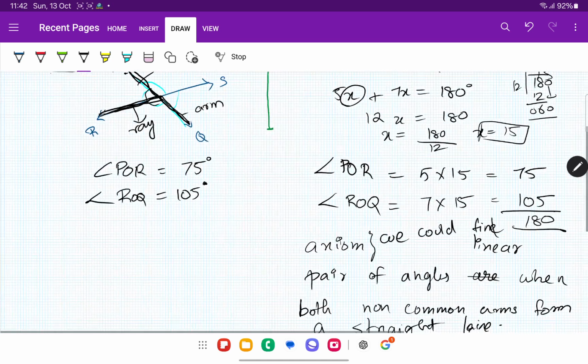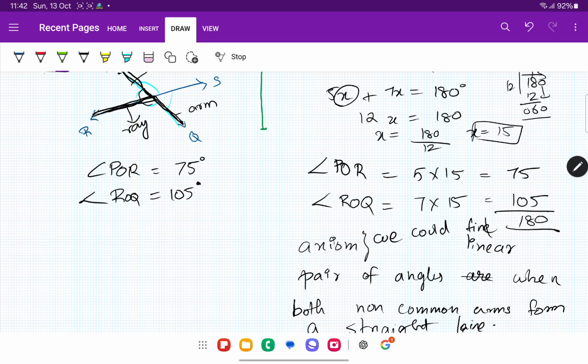With the help of another axiom, we can prove that vertically opposite angles are equal when two lines intersect each other.